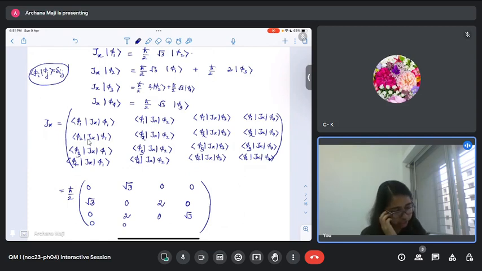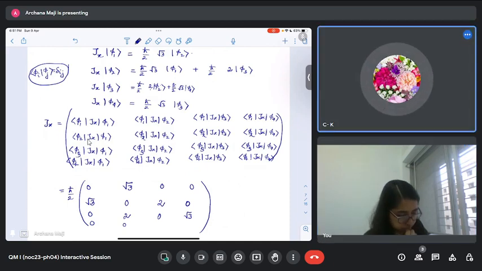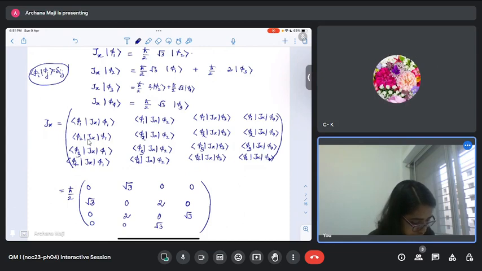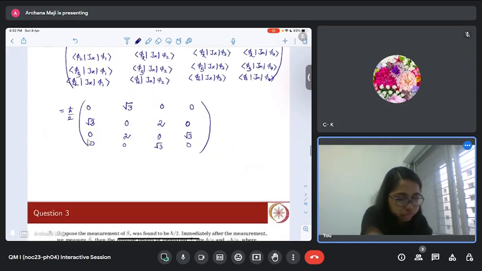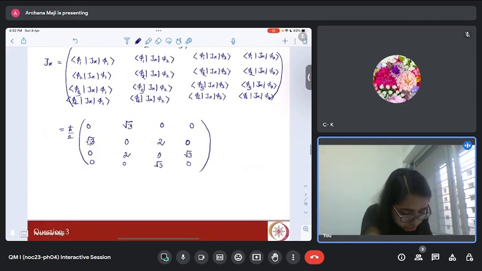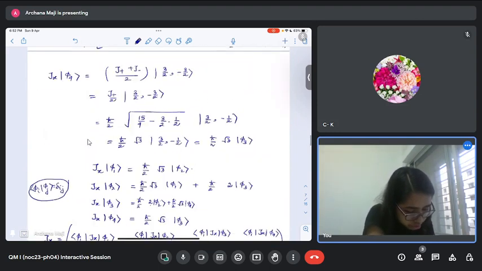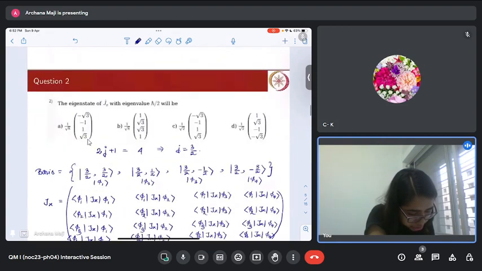It's root 3. Phi 4 Jx phi 4 is 0. Let me just check. Yeah, so this is what you should get. Now you have Jx. Now you can calculate the eigenvector corresponding to eigenvalue ħ/2.